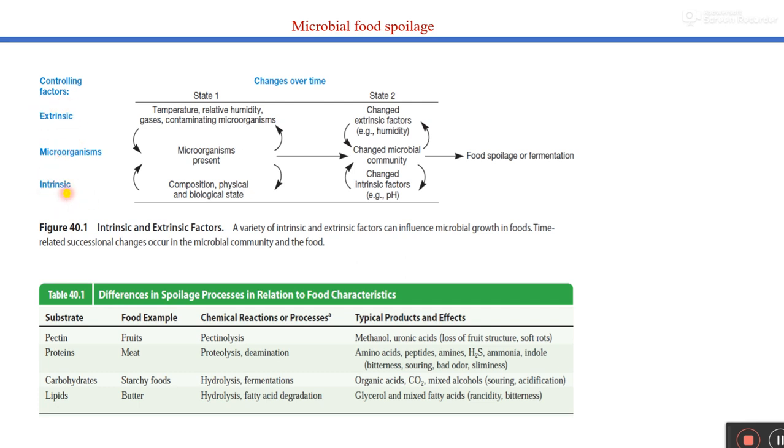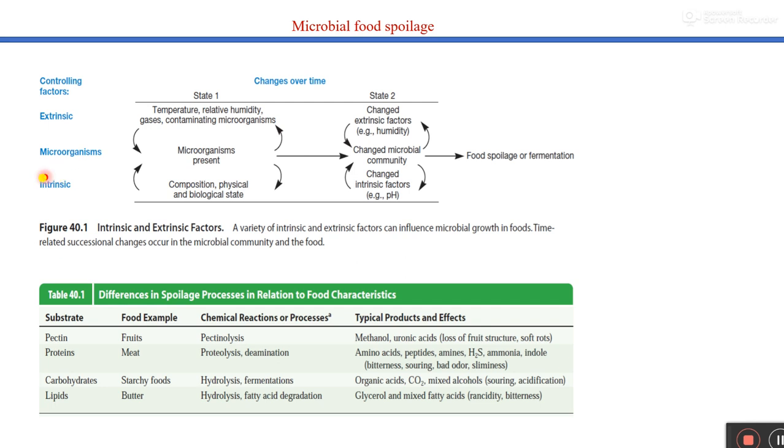Intrinsic factors are generally present inside the food: the composition of the food, and the physical and biological state of the food. Extrinsic factors are generally present outside of the food, and these are temperature, relative humidity, gases and contaminating microorganisms.